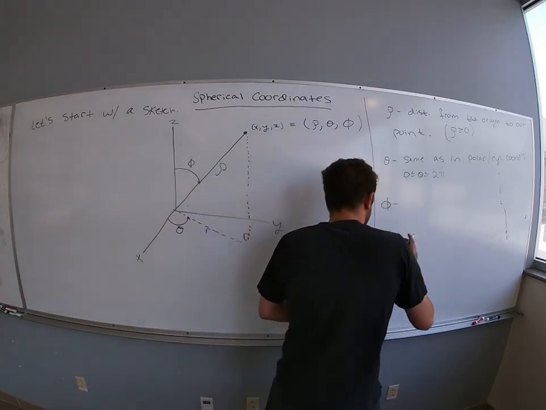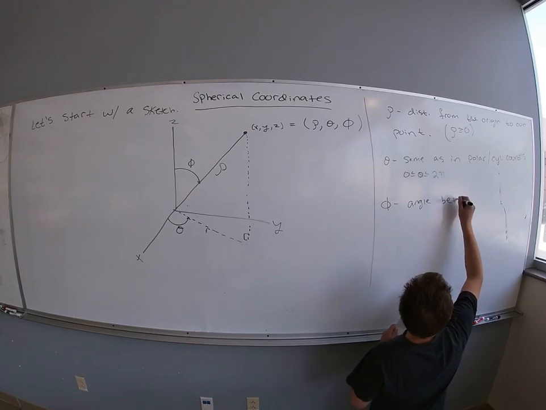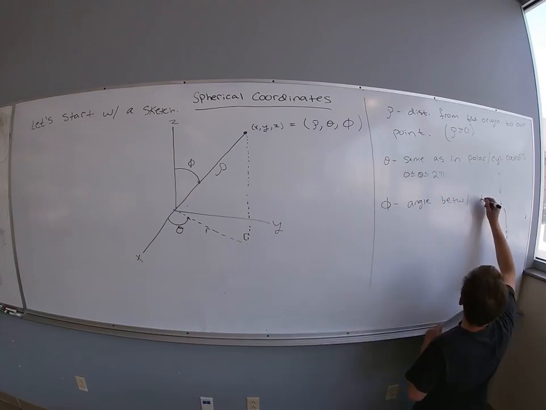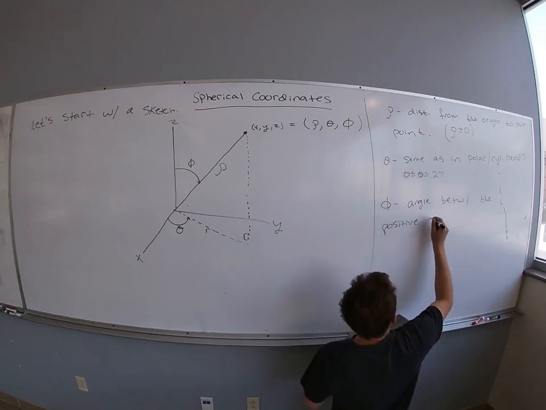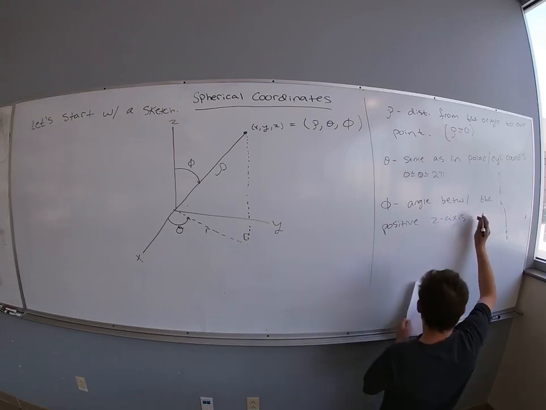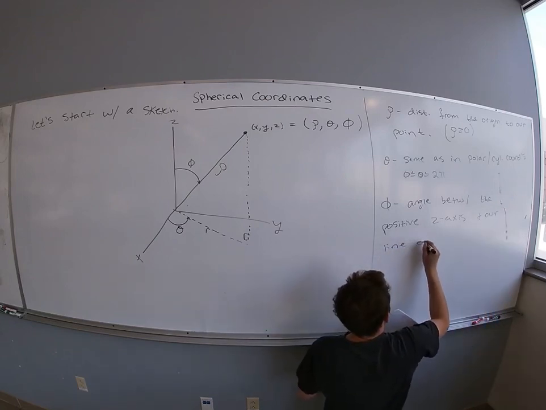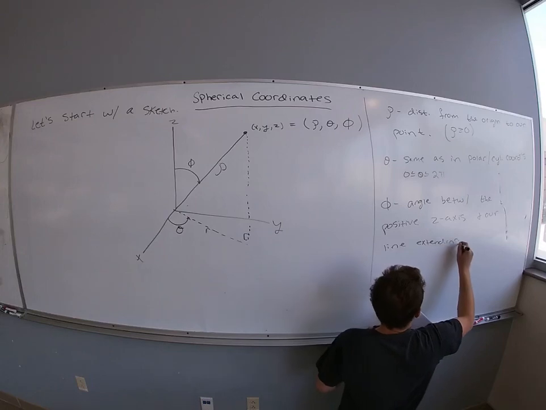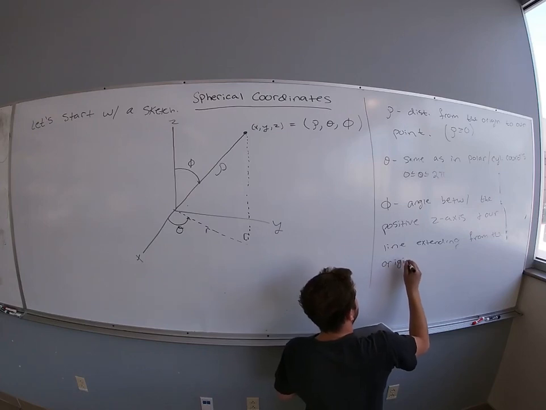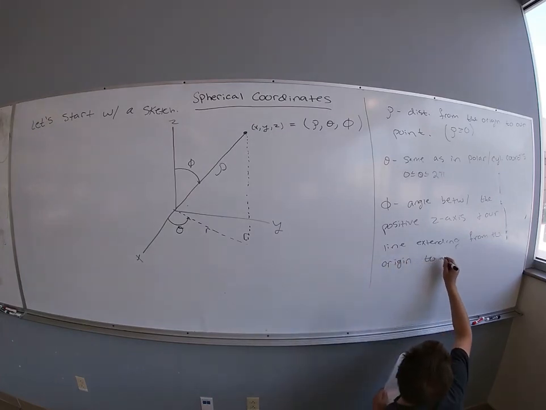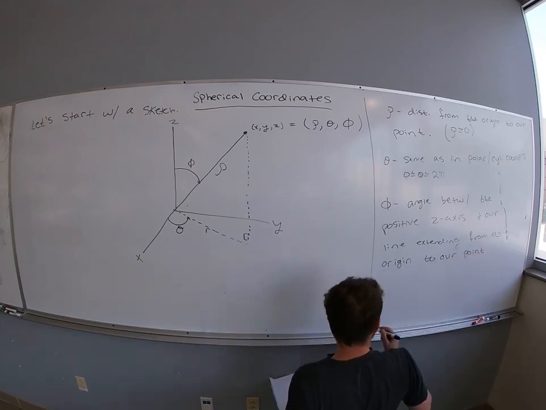Now phi, this is going to be the angle, like I said, between the positive z-axis and our line extending from the origin to our point. Okay, and that's that line whose length is rho, okay?